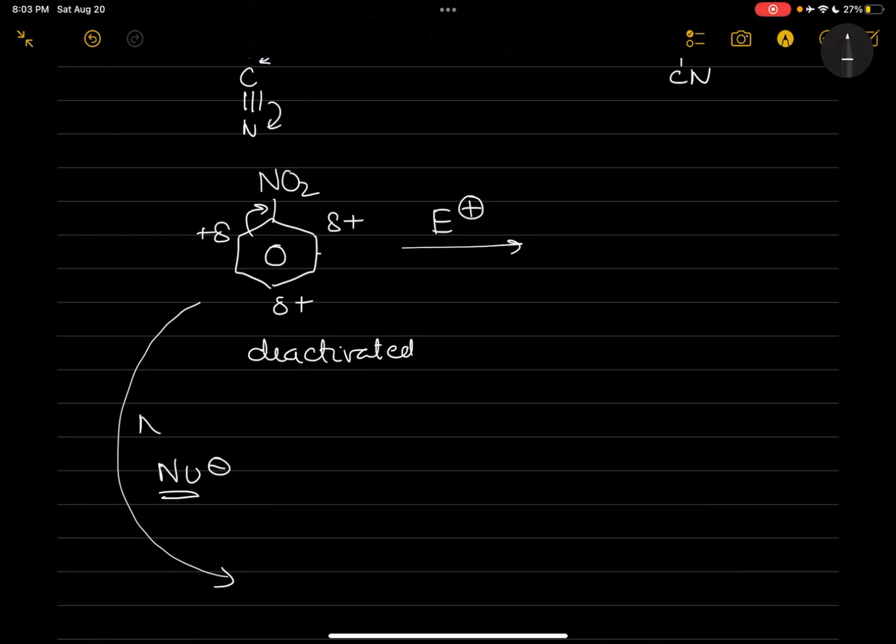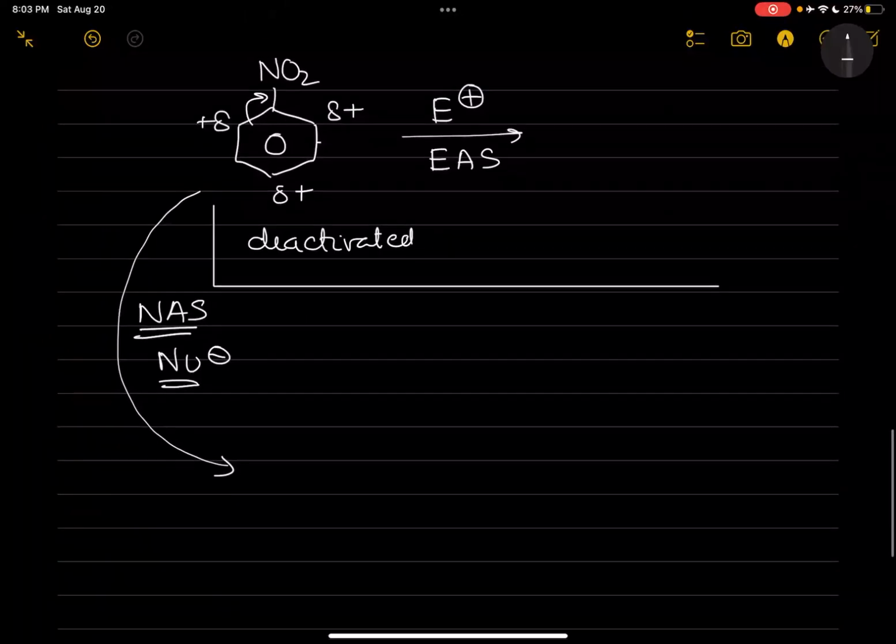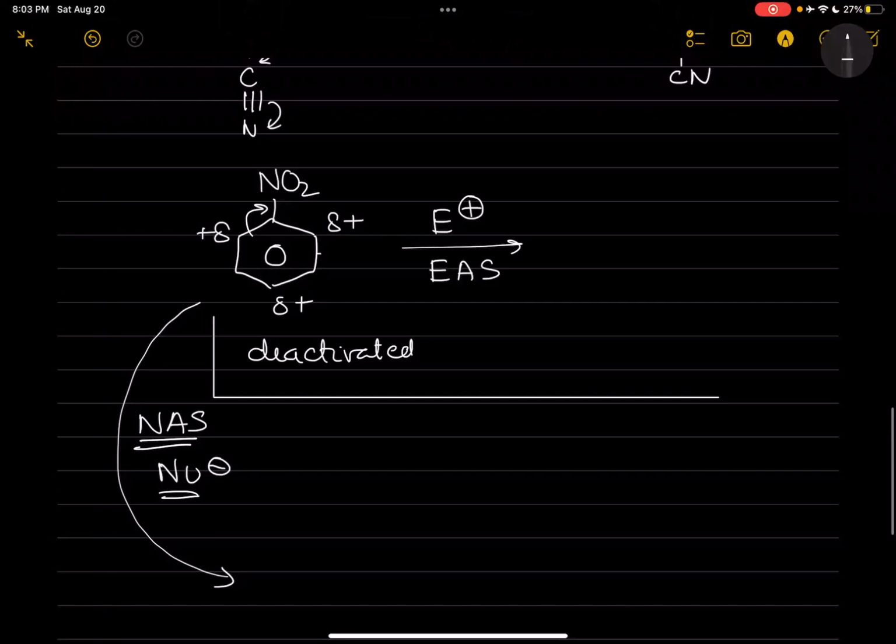This is for NAS, and this is for EAS, right? So don't get mixed up. So, sir, activated and deactivated depends upon the reaction we are doing. Yeah. But by default, if someone asks you whether nitrobenzene is an activated ring or deactivated ring, you are going to give your answer as per EAS, because electrophilic aromatic substitutions are more common.